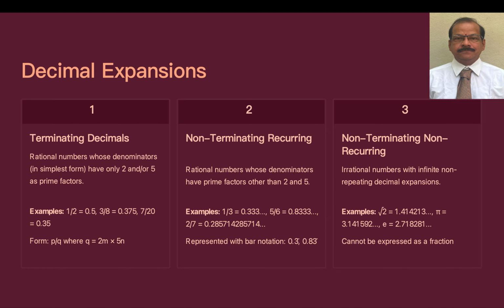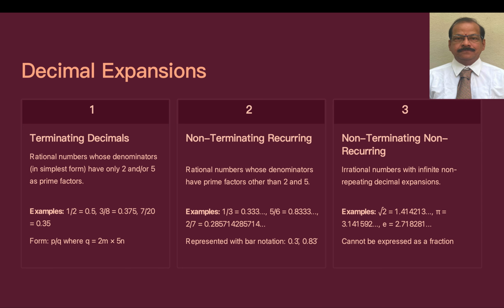Now, coming to decimals, there are mainly three types of decimals. One is terminating, another is non-terminating but recurring, and the third category is neither recurring nor terminating, that is non-recurring, non-terminating.